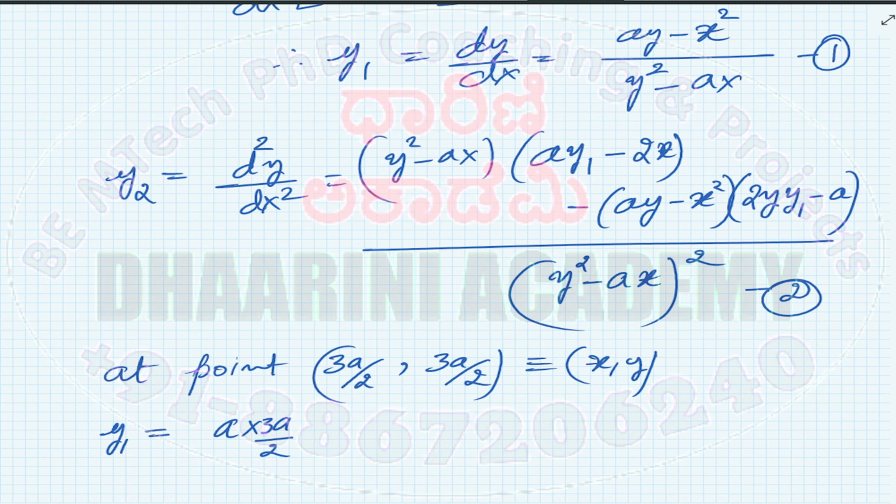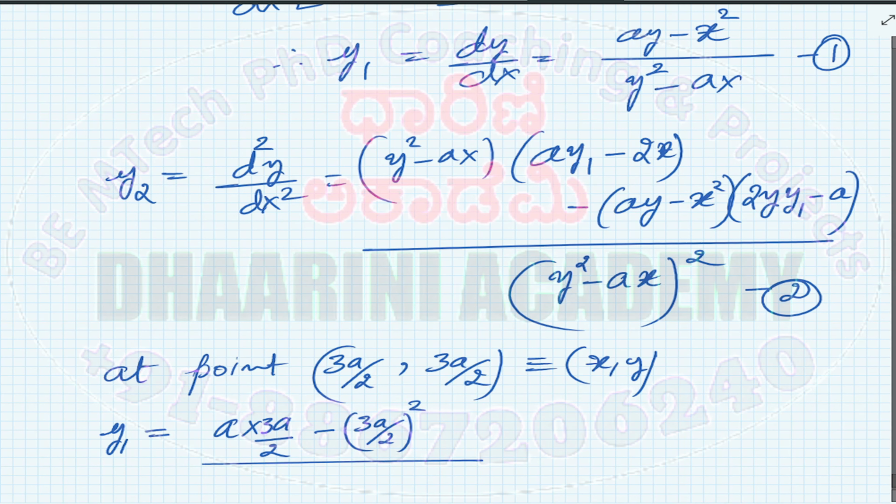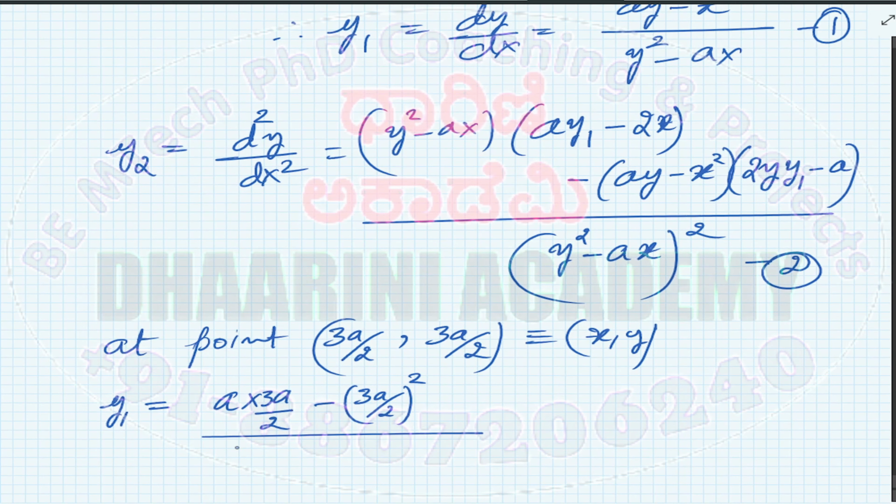So ay minus x square, x is 3a by 2 the whole square, divided by y square. What is y square? y square is 3a by 2 the whole square minus a into x. So a into 3a by 2.